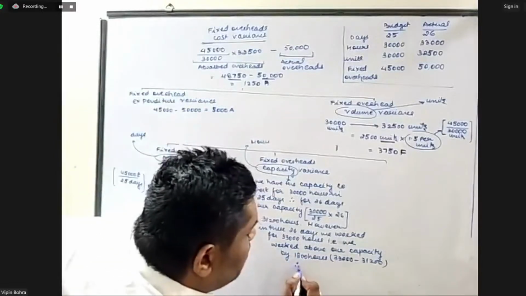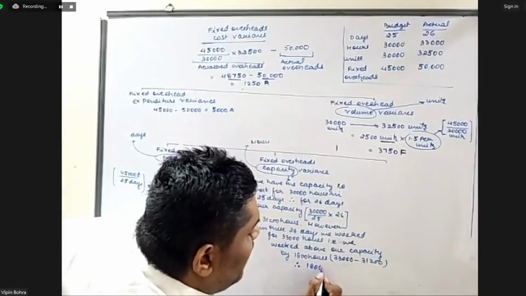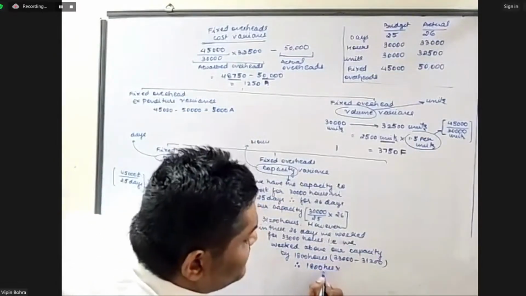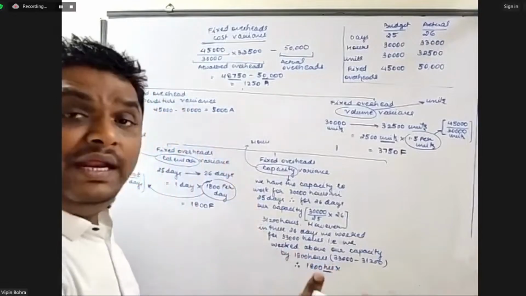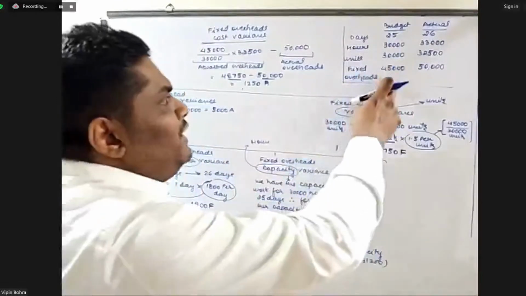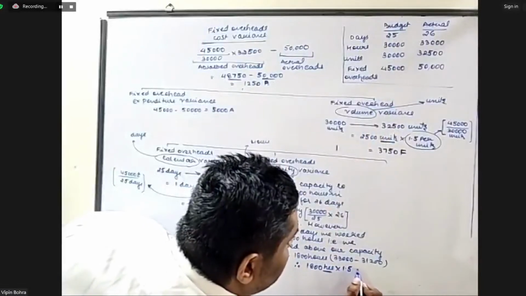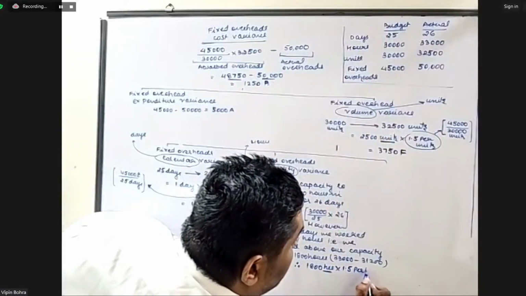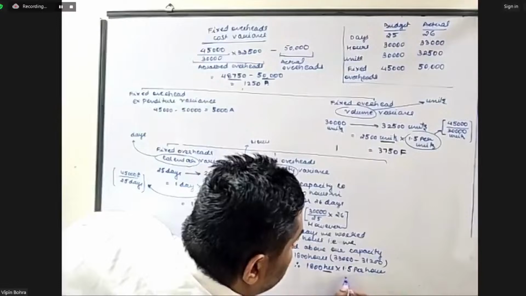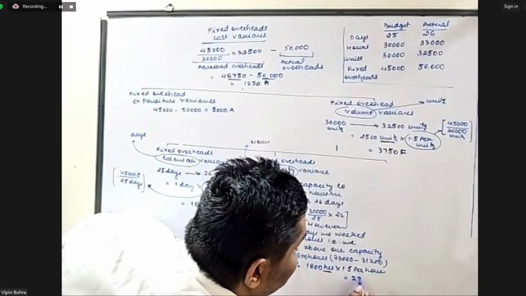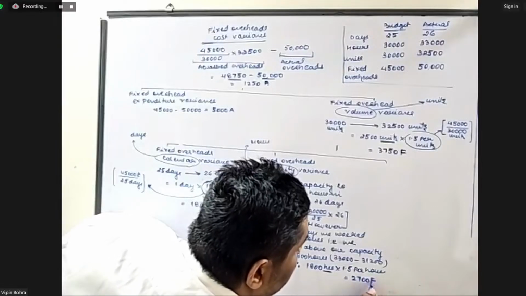So therefore, variance will be 1,800 hours. Since it is number of hours, we'll be taking the rate per hour. That is 45,000 divided by 30,000 hours. So this will be 1.5 per hour. So this will be 2,700 favorable.